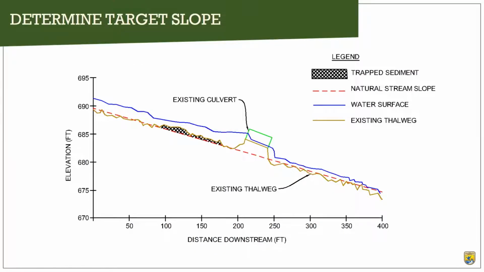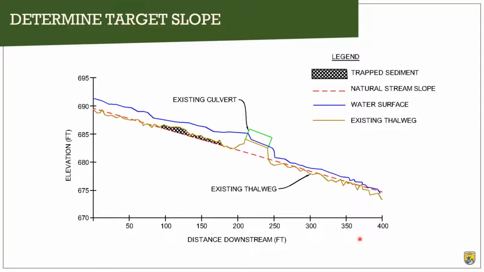So we're going to do a longitudinal profile at our crossing and determine what our target slope is at the crossing. What we're looking for is trying to find the natural stream slope at that crossing. So that's this red dashed line. We've alluded to this, but an undersized culvert often traps sediment upstream and causes incision on the downstream side.